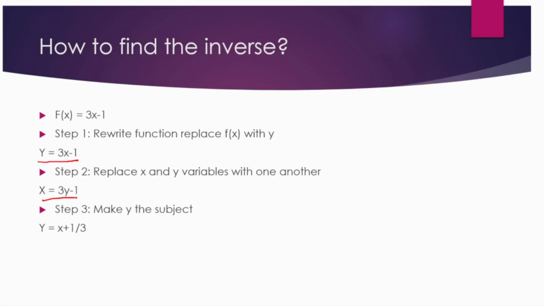If you don't want to, you can replace at the end also. For example, what I can do is keep it as y is equal to 3x minus 1 and then solve it, bring minus 1 over to that side, it becomes y plus 1 and then divided by 3. So y plus 1 divided by 3 gives me x, and then I can replace the variables.